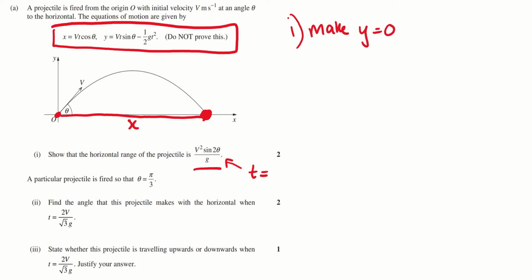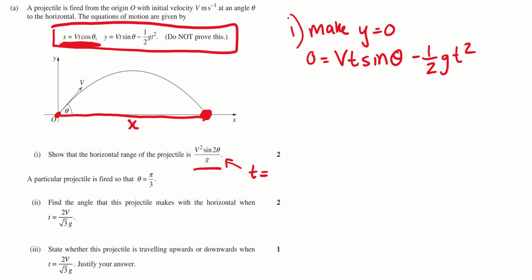And these are all things that I would show the marker. So once I take my equation that has y in it and I solve that equal to 0, I'm going to solve this for t. Once I solve it for t, I'm going to get t equals some values, and I'm going to plug that into my horizontal motion formula, and then that will tell me the x value.